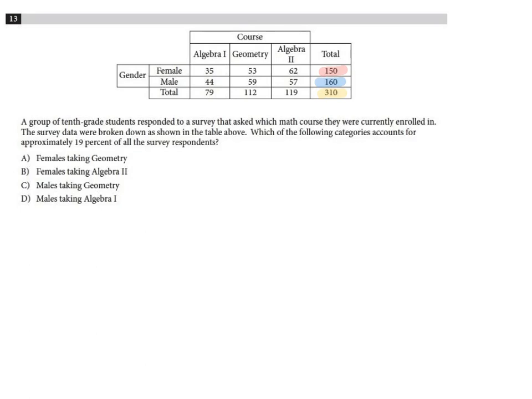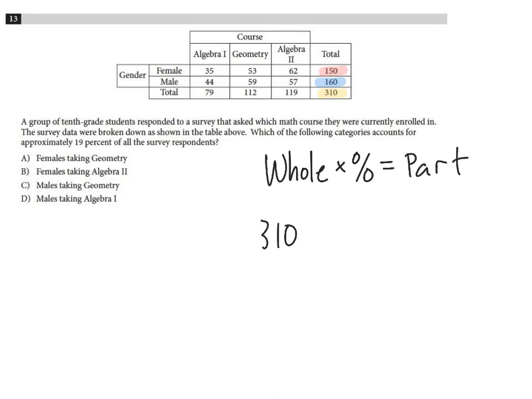Okay, well, whole times the percent is going to equal the part. So the whole is 310 and the percent is 19%, but we need to write that as a decimal. So we need to divide 19 by 100. 19 divided by 100 is going to be 0.19.